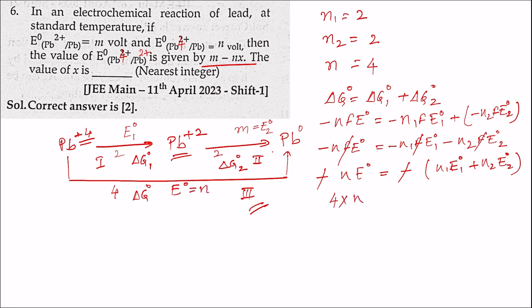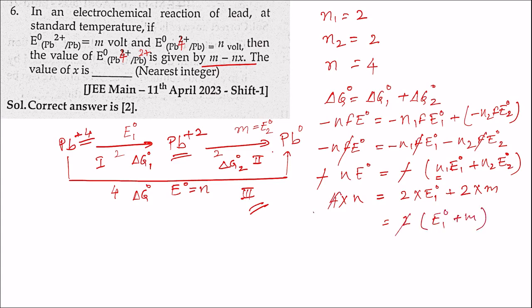So 4 into n is equal to N1, which is 2, into E naught 1, that you have to find out, plus N2, which is 2, multiplied by E naught 2, which is m. Rearranging, taking 2 as common, 2 into E naught 1 plus m.